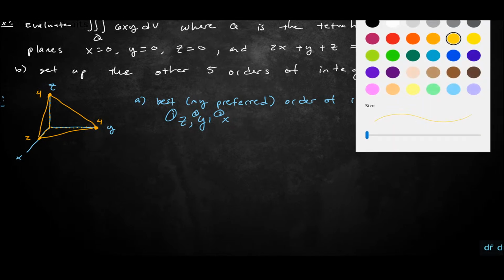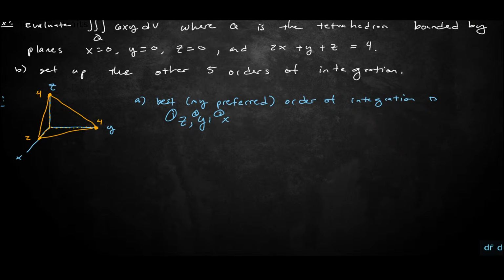So now I've got to say, okay, what are the bounds for z? Where is z going? Z seems to start at 0 and go up to the plane. And as you get further and further back, you get taller and taller. So the bounds are going to be 0 less than or equal to z less than or equal to the plane.